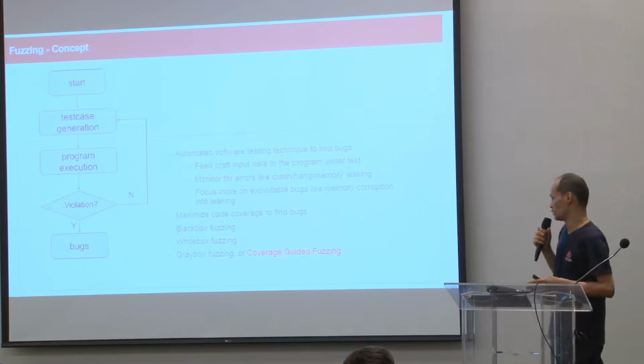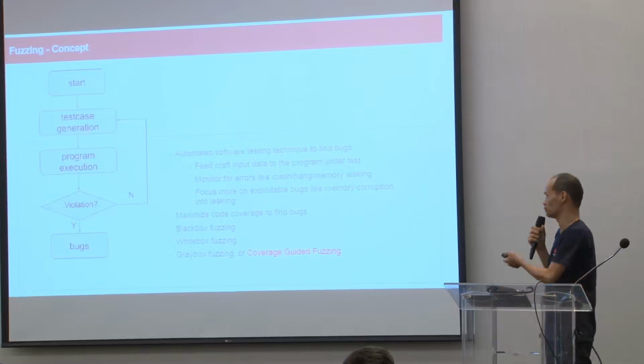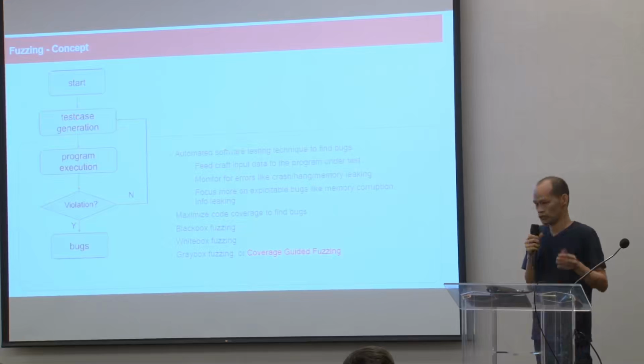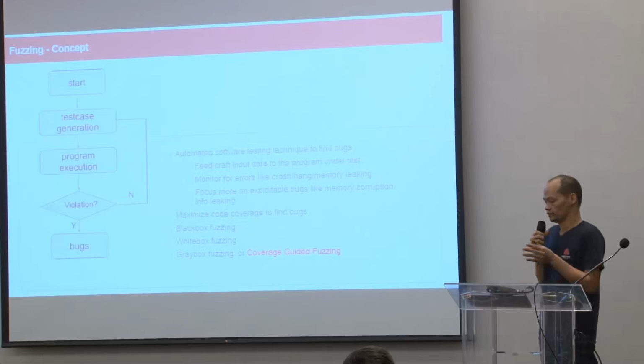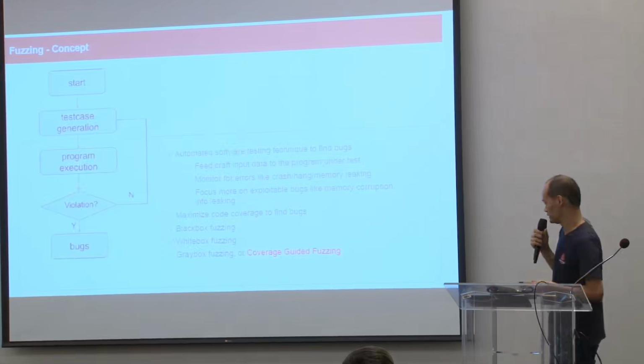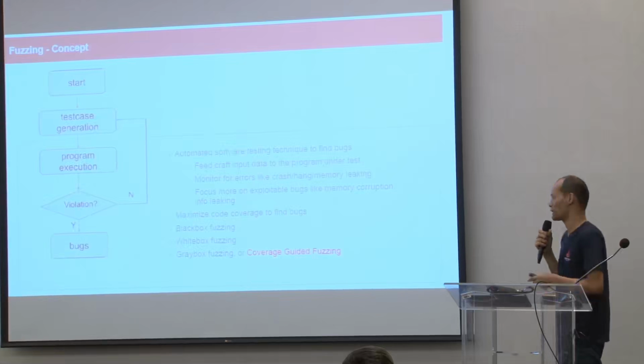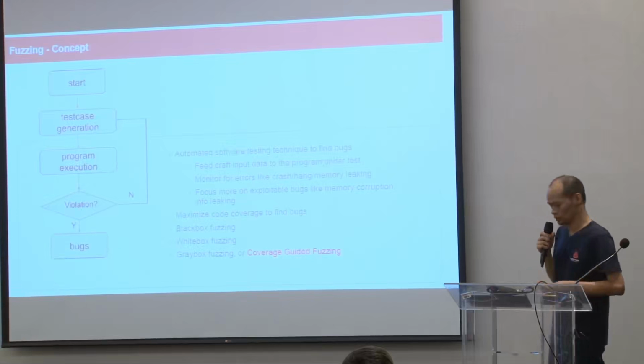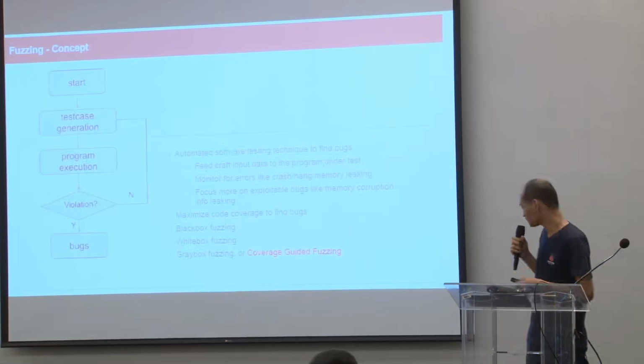So we want to generate good input, so that when the fuzzer runs, it can reach as much code as possible. In other words, we want to maximize the code coverage to have a better chance of finding bugs.